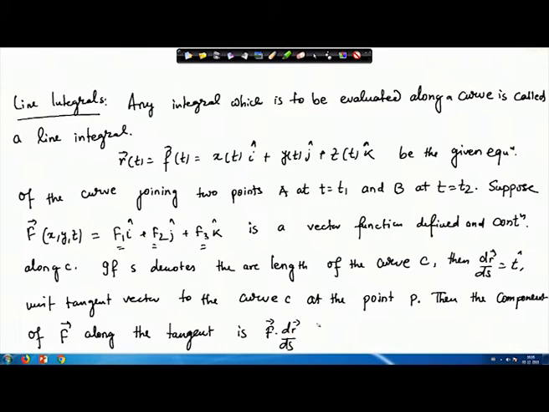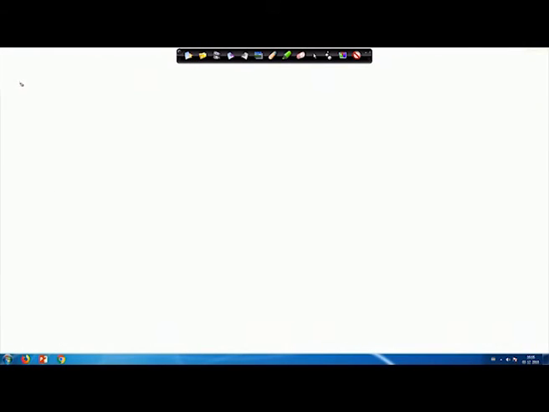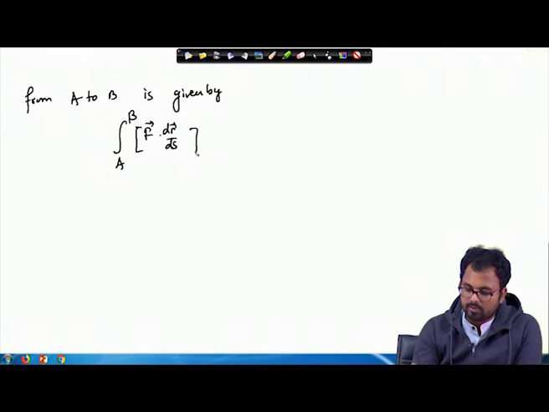This is the component, and the integral of this component of F along C from A to B is given by the integral from A to B of F dot dr/ds times ds.